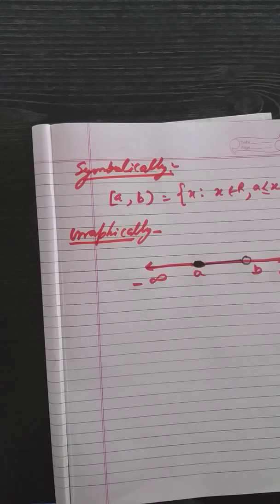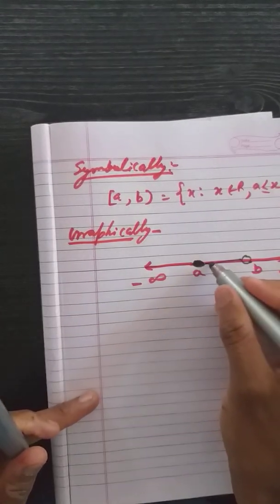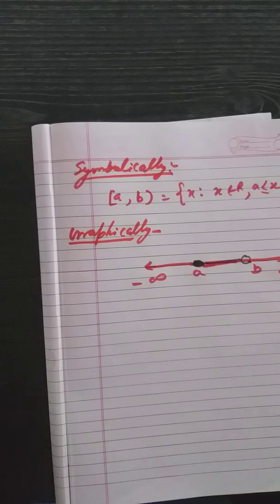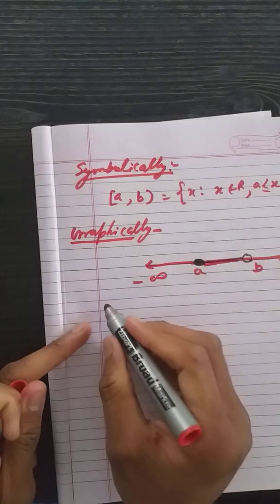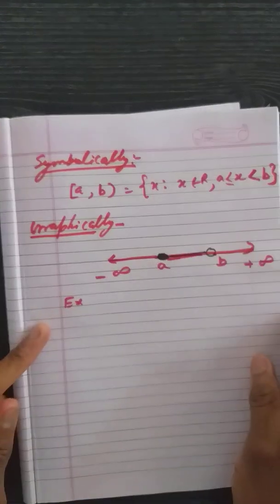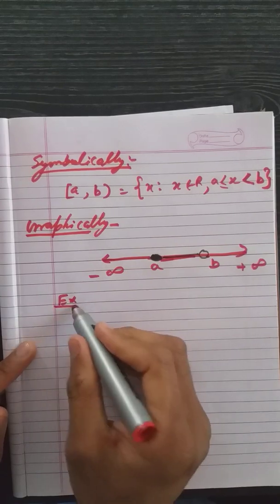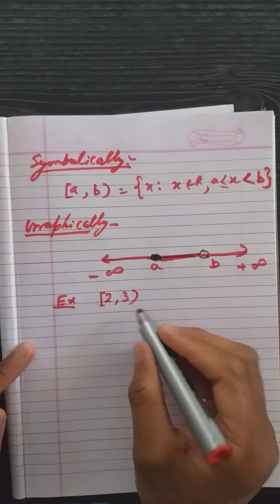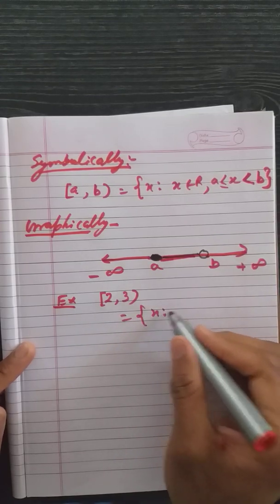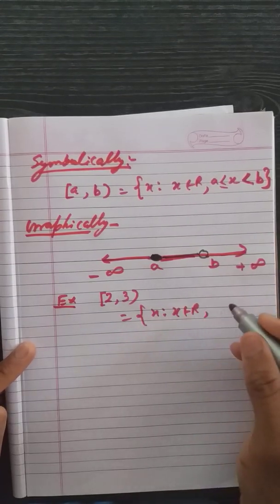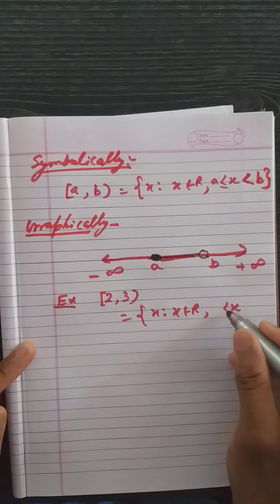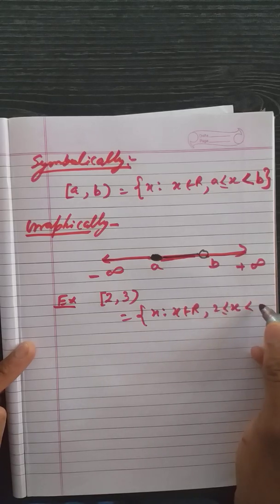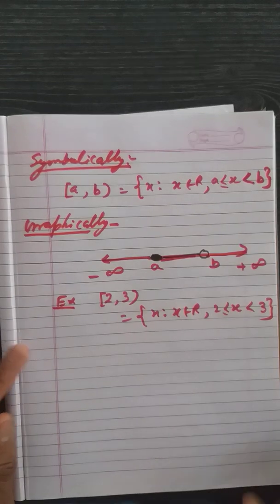You will not darken this one because it is open on the right. Let us see an example: 2 comma 3 equals x such that x belongs to R, the value of x greater than or equal to 2 and less than 3.